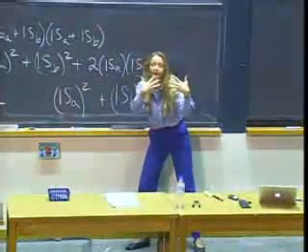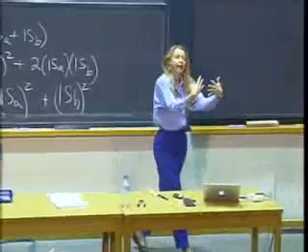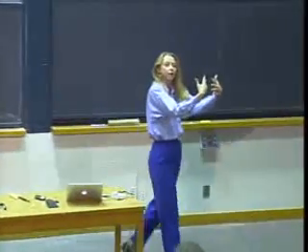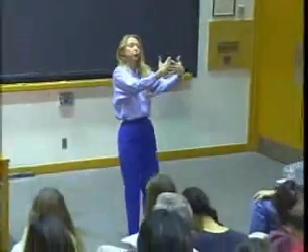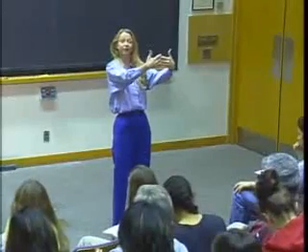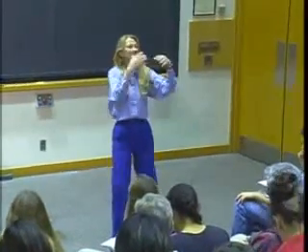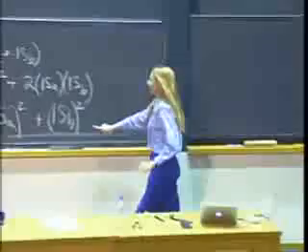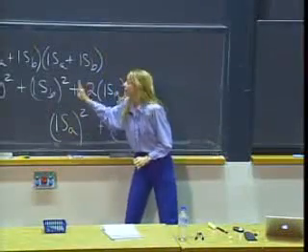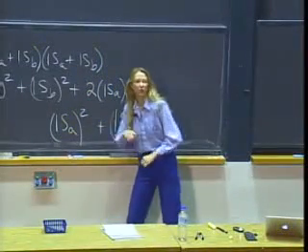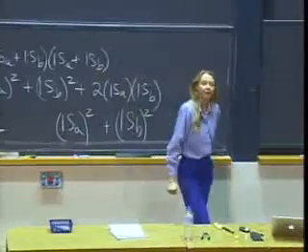In this particular case, I haven't allowed any interference to happen. I haven't allowed the wave functions to constructively interfere. I didn't add up these wave functions first before I squared them. I squared them and then I added them up.